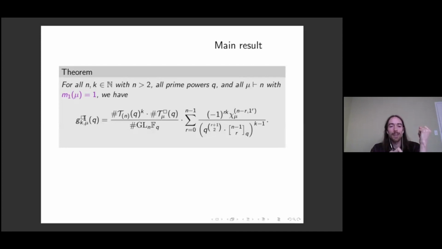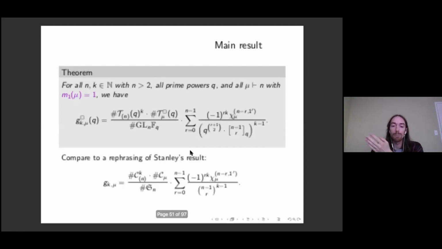Turns out the regular semi-simple elements are just really nice to work with, and I'll try to motivate that more in a bit. So the factor out front is kind of just familiar enumerative things. It's the number of K tuples of regular elliptic elements times the size of the cycle type mu set divided by the size of GLN of Q. But then there's something that I hope looks really familiar. It's a sum of R terms of a sign times a symmetric group character divided by Q analog of a binomial coefficient to some power.